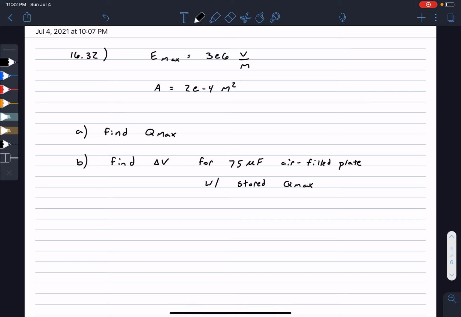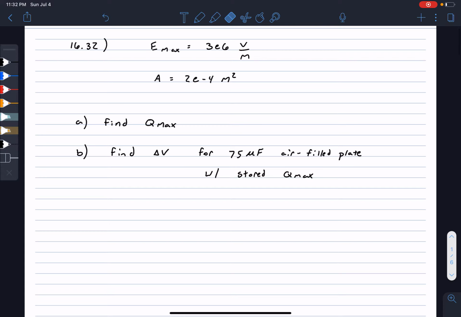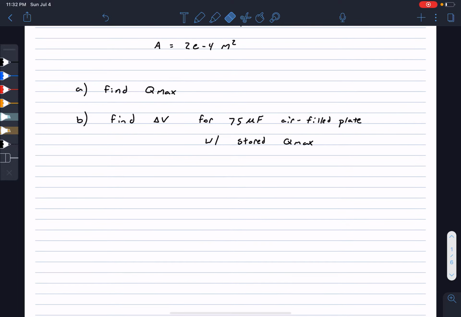With the stored charge. Okay, so we have some identities in the book that we can use, which is really what a lot of this comes down to. Capacitance is equal to epsilon naught times A over delta X, which is a distance, right?